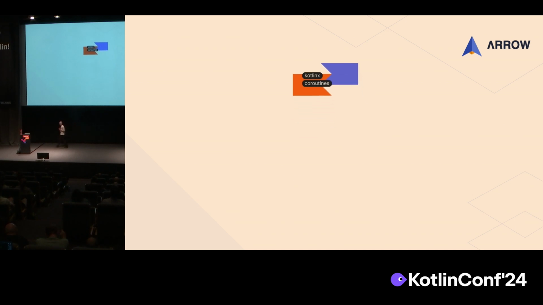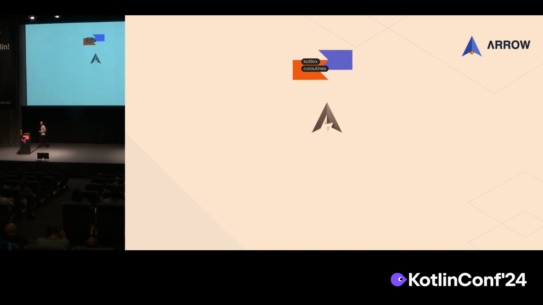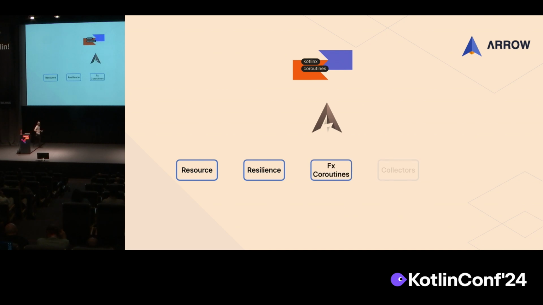So we've covered the standard library. Arrow also offers other utilities on top of Kotlin coroutines. For example, the resource type is like the AutoClose DSL, but with support for suspension. The FX coroutines module offers high-level DSLs for parallel operations, racing, but also concurrent data types like countdown latch and cyclical barrier you might be missing from Java concurrent.